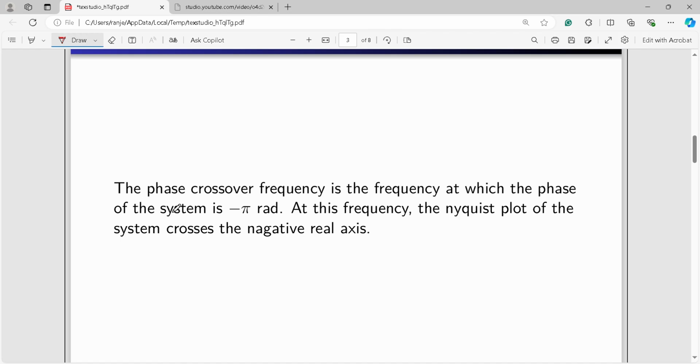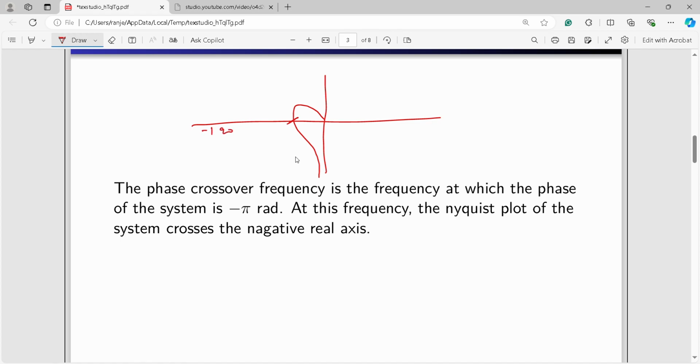But here, what information do we need? The phase crossover frequency is the frequency at which the phase of the system should be minus pi radian, and at this frequency the Nyquist plot of the system crosses the negative real axis. If you draw a typical Nyquist plot, like for a second order system, this will be the negative real axis.